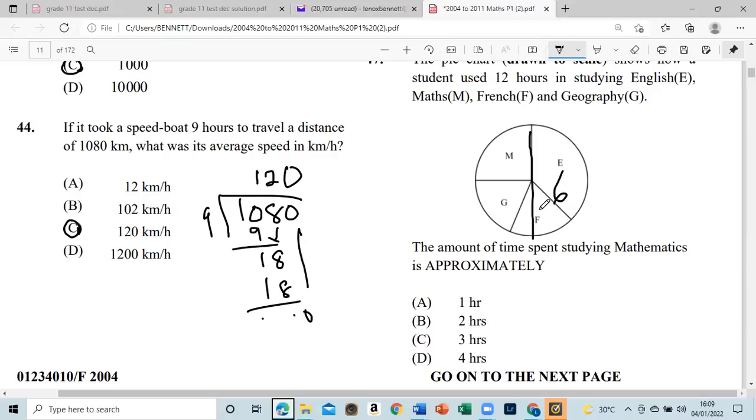Because it can be 5 hours, no, it can be 7 hours. That part is 7 hours, but that part is 6, so this will make 1. So that's 7 hours. So we need to split 5 hours into 2. So the M looks bigger, so we're going to go with 3 hours.